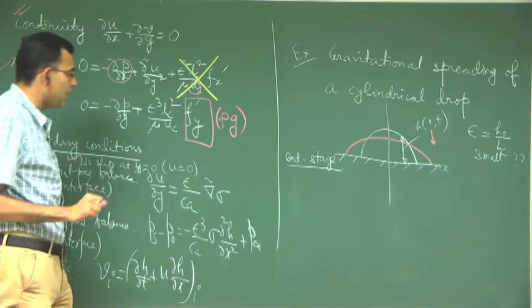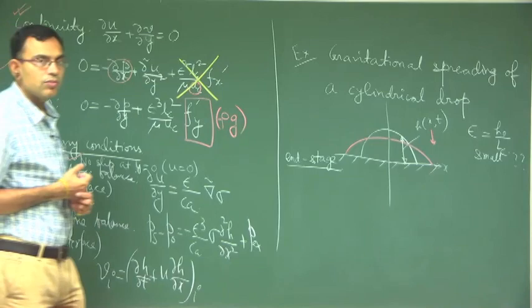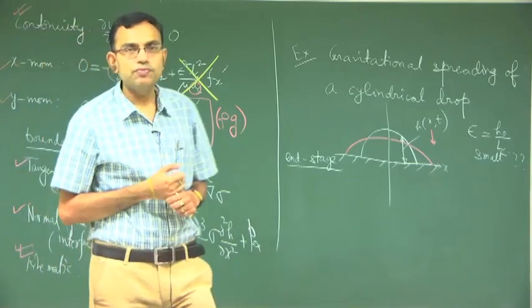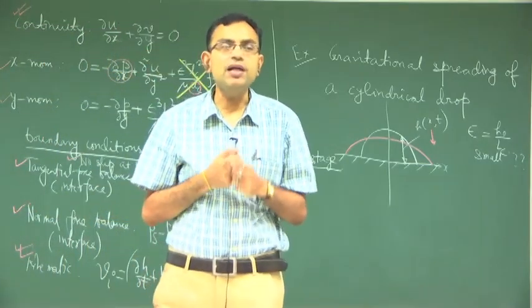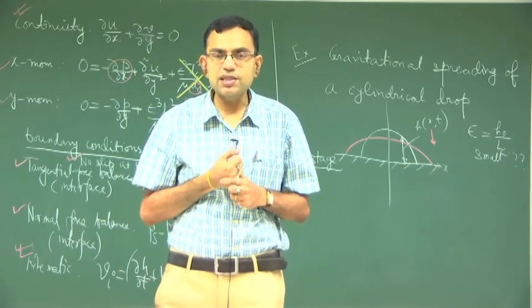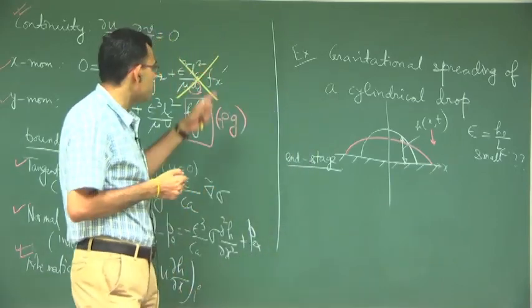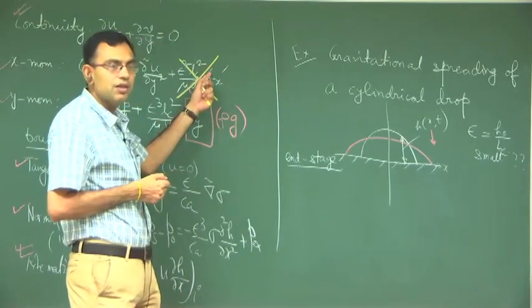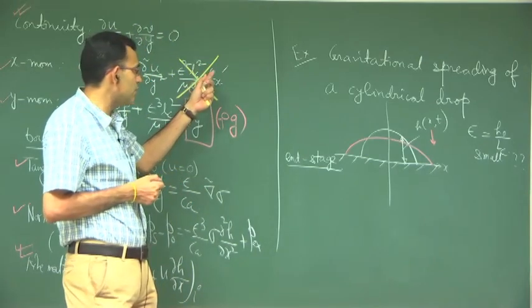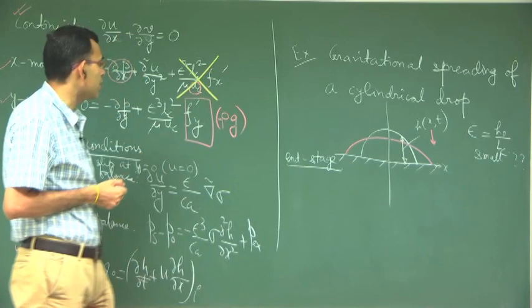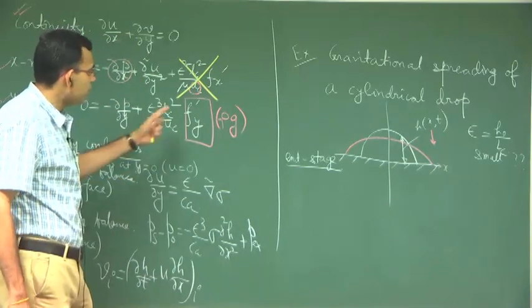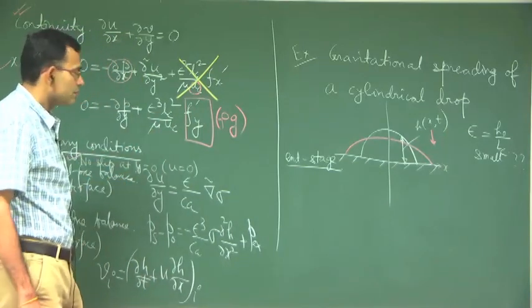Most importantly, we have discussed that out of various variables which can define the velocity scale, if x momentum body force is important, that will define the velocity scale. If y momentum body force is important, then that will define the velocity scale.